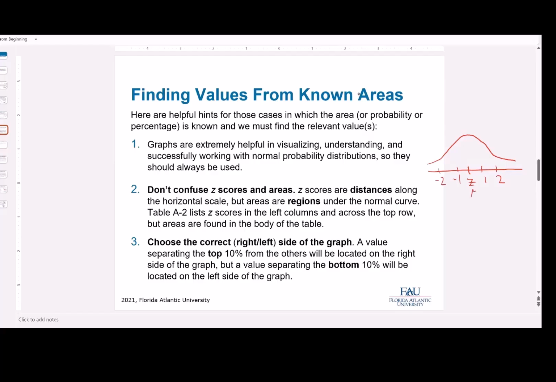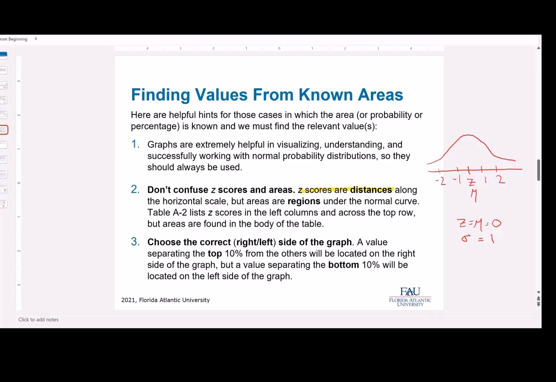This is also mu, and this is where z equals 0. Z equals mu equals 0. And then sigma is equal to 1. We've made it so that our mean is 0 and our standard deviation is 1 by converting to a z-score.